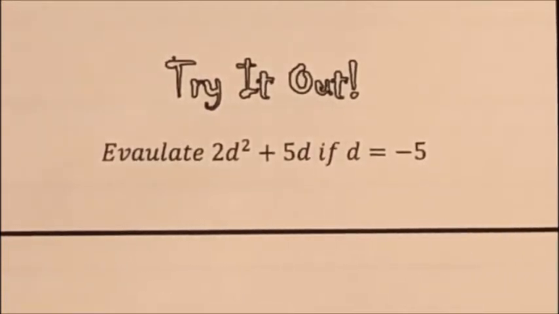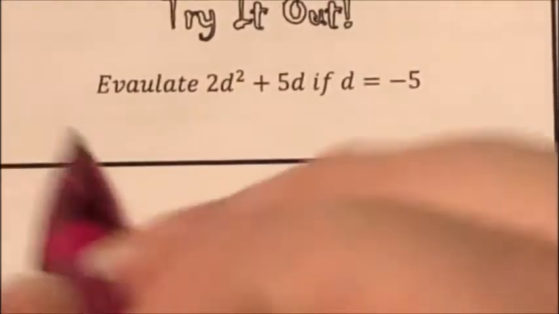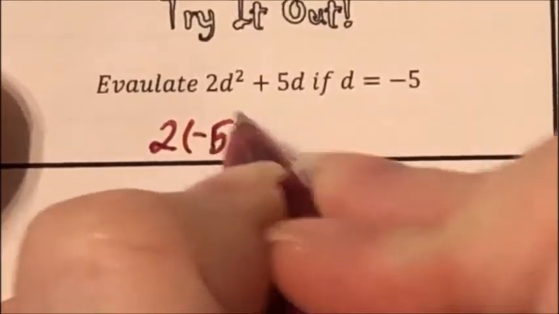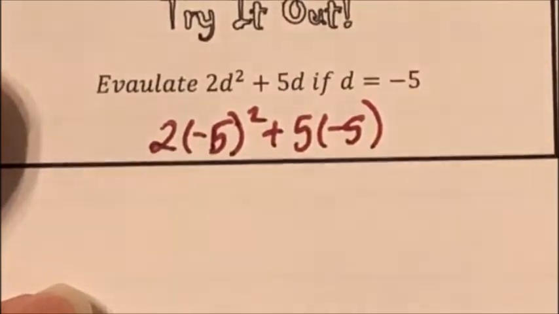Okay, now that you've had a chance to try it out, let's go over the answer together. So I'm evaluating 2d squared plus 5d if d equals -5. The first thing I want to do is rewrite the expression and substitute in -5 for d. So 2 times (-5) squared plus 5 times -5.